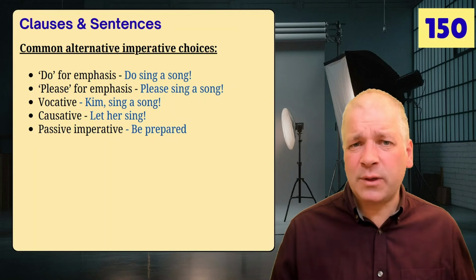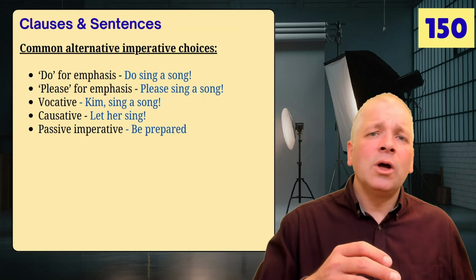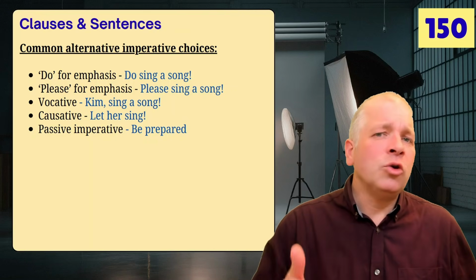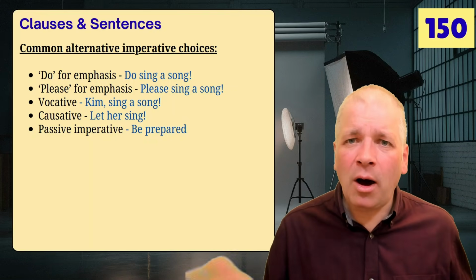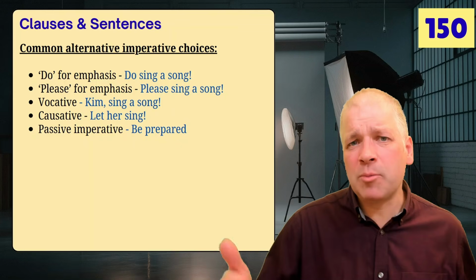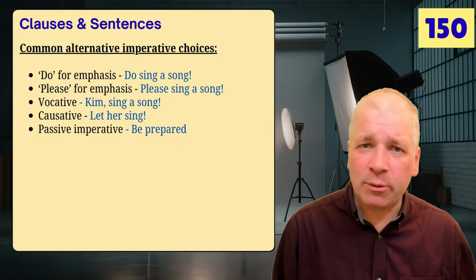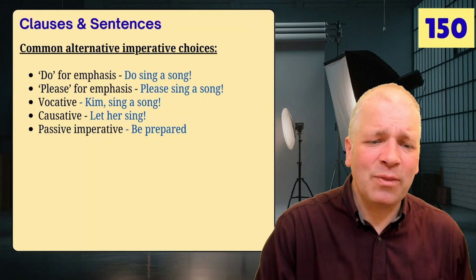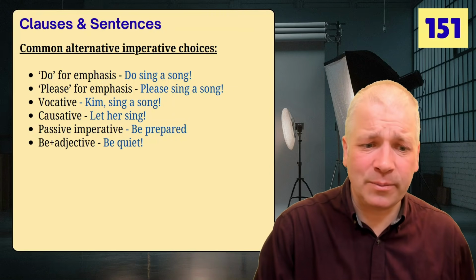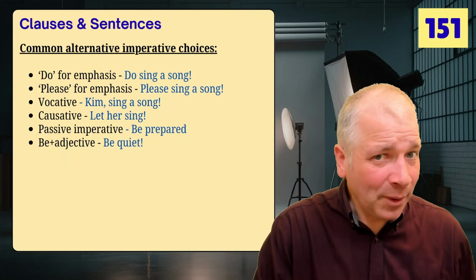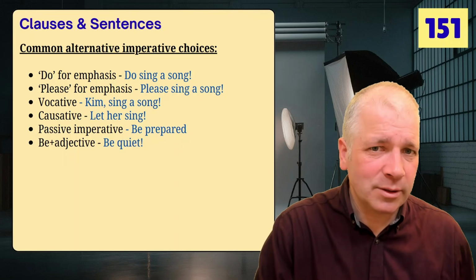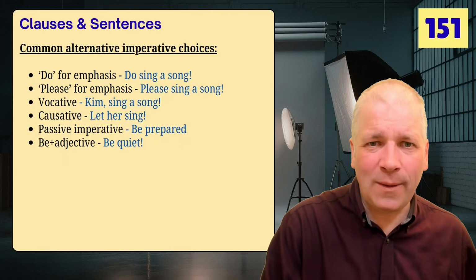In a full sentence, this would be you should be prepared, or I am telling you to be prepared. But we could shorten it all into an imperative by using be as the infinitive and then prepared afterwards. It could be followed by an adjective: be quiet. I want your situation to be quiet now.